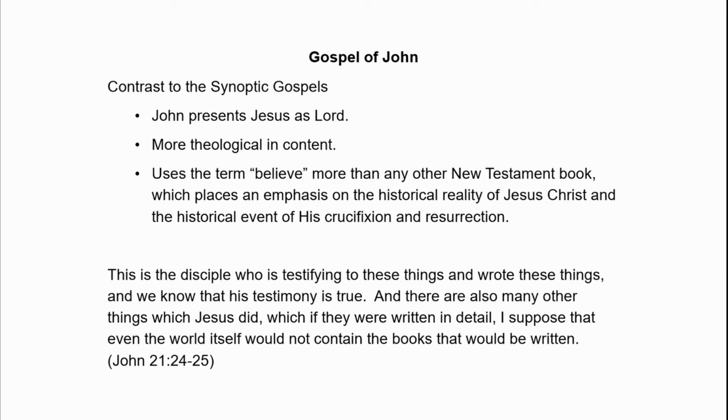The words and deeds of Jesus Christ are the words and deeds of God, manifest in human form. The book of John uses the term believe more than any other New Testament book, which places an emphasis on the historical reality of Jesus Christ and the historical event of his crucifixion and resurrection.